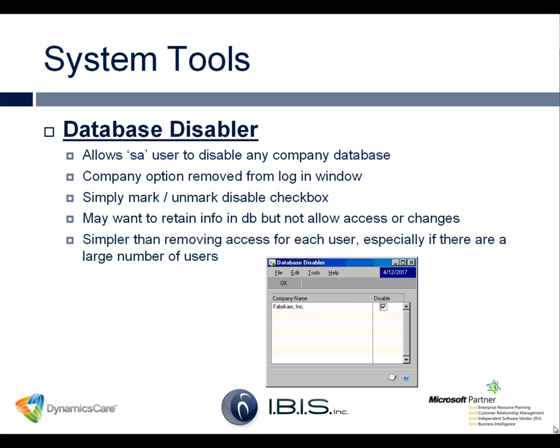It's a very simple tool to use, and it would be used if you want to retain information in a database, but not allow any access to it or changes to it. And the benefit of using this tool for that purpose is it's simpler than removing the access for each user. Especially if you have a large number of users, you'd have to go in and remove the company access by user. So this is one place to do it one time.